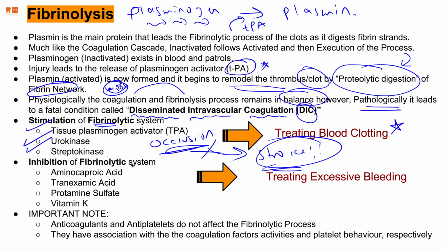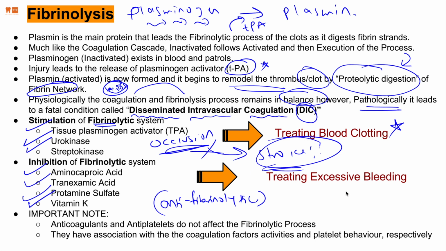Inhibition of the fibrinolytic system is known as antifibrinolytic. Well, aminocaproic acid, tranexamic acid, protamine sulfate, and vitamin K. These would prevent the breakdown of the clot, right?